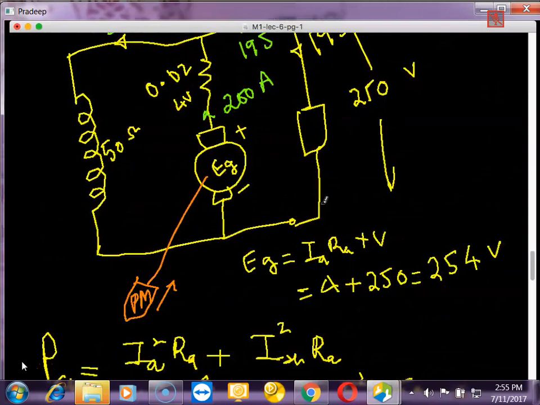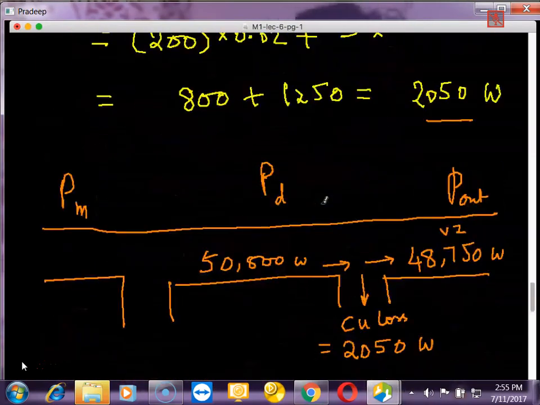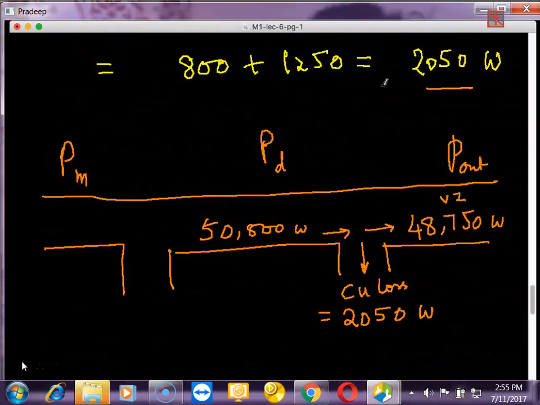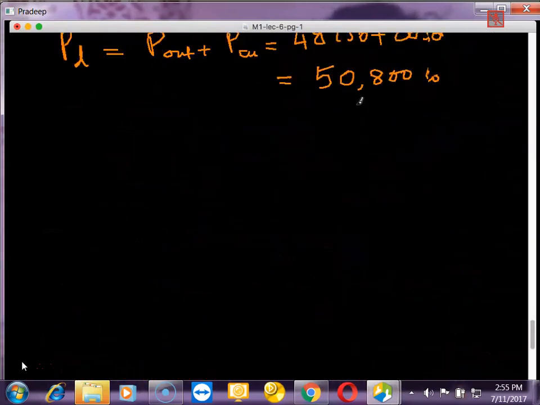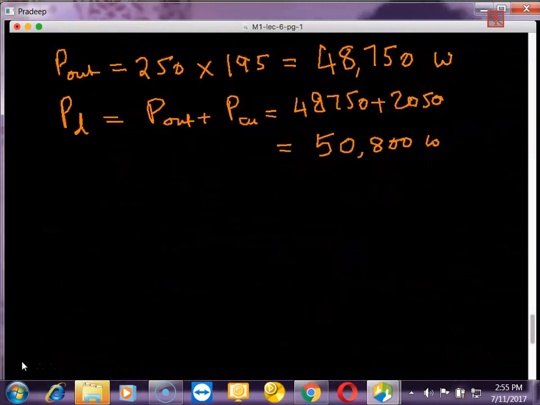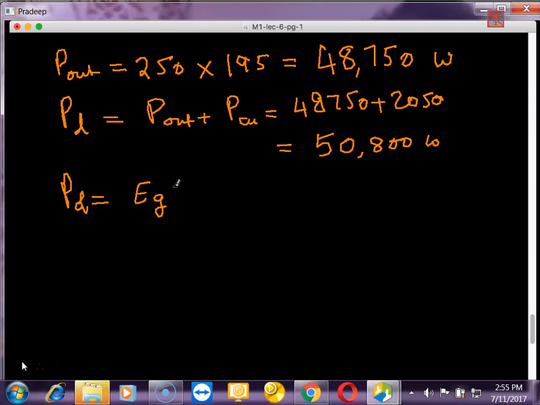There is another way to know what is the power developed. The other way is your EMF generated into armature current. Power developed is also equal to EMF generated EG into IA. So what is EMF generated? 254.